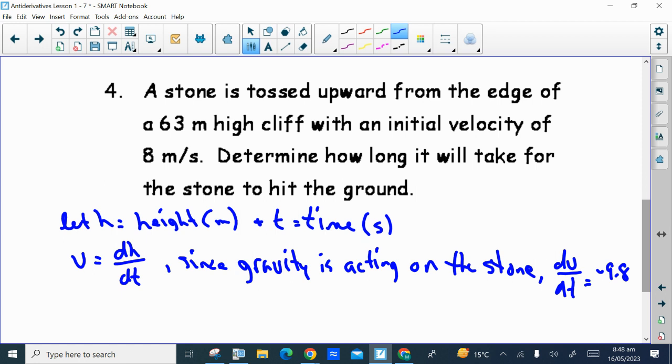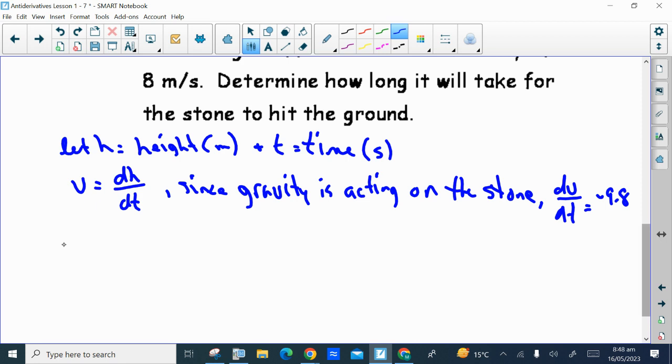Okay, so again, dv by dt is negative 9.8, and that would be t to the power 0, right? Because velocity with respect to time, because you have dt on the bottom, that tells us that the variable is t.